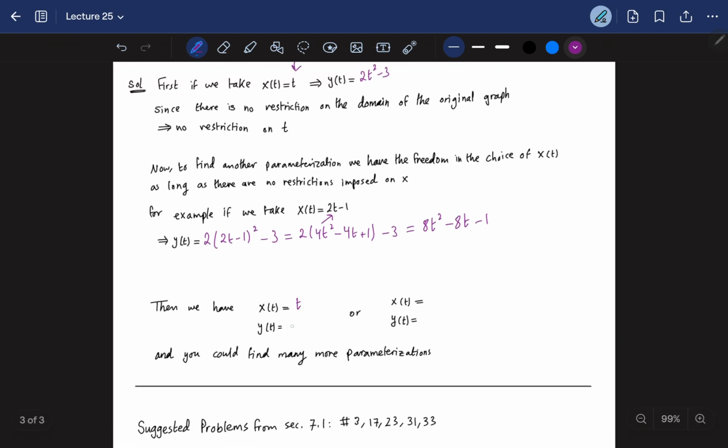So now I have t and then t squared minus 3, or 2t minus 1 and 4t squared minus 4t minus 2. And you can find many more parameterizations just by changing the value of x of t that you start with and then just plugging it into your y of t.